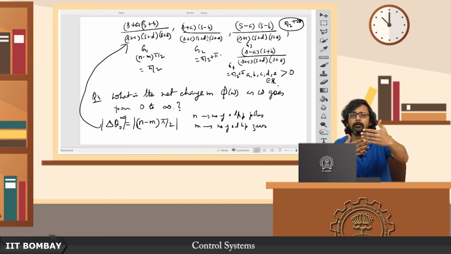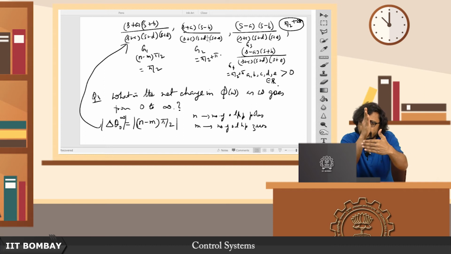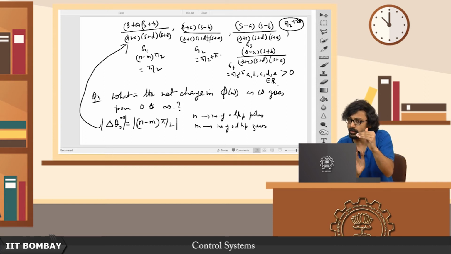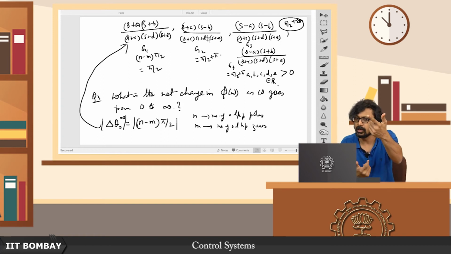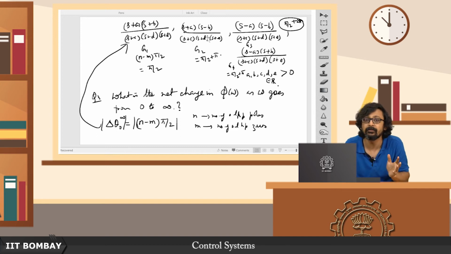You have to compare the behavior at the corner frequency of the magnitude plot and the behavior at that particular corner frequency of the phase plot. At the same corner frequency, look at the behavior of the magnitude plot and the phase plot. So the magnitude plot would clearly tell you whether it's a pole or a zero, unambiguously, and the phase plot would tell you whether it's a minimum phase zero or a non-minimum phase zero. That is how you can somehow identify which of these 4 transfer functions it is.